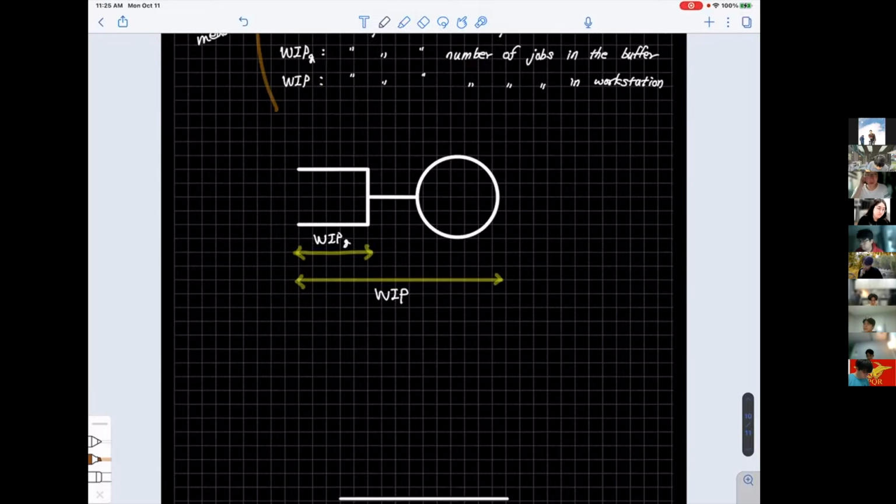And the expected time each job waits in the queue or buffer is CTq, and the entire expected time in a workstation is called CT.